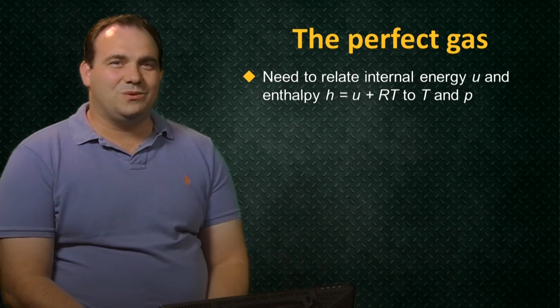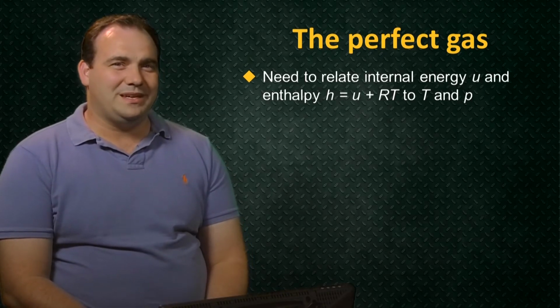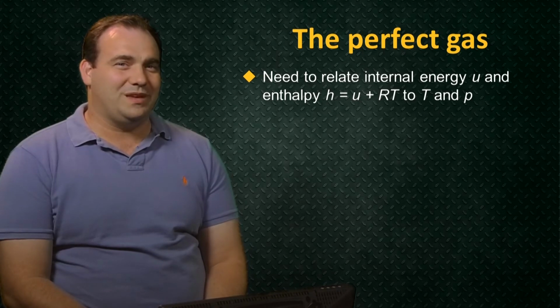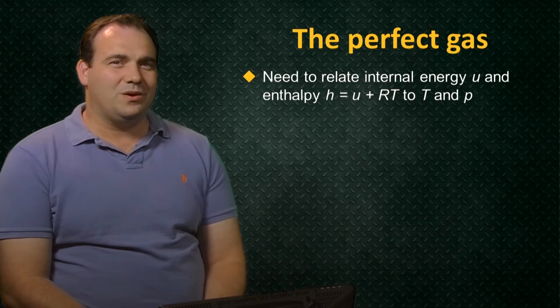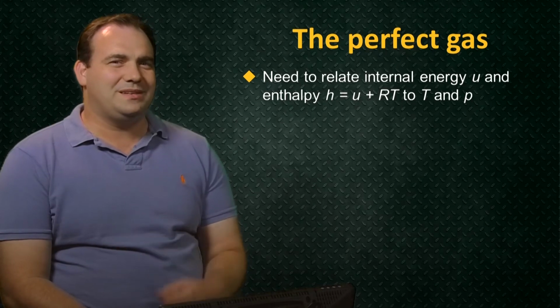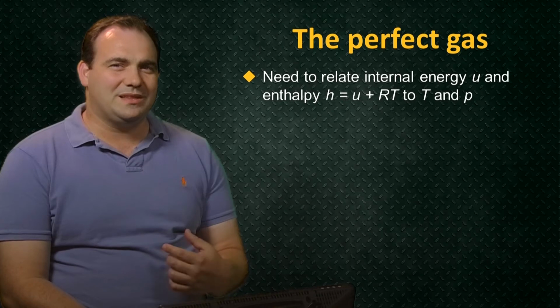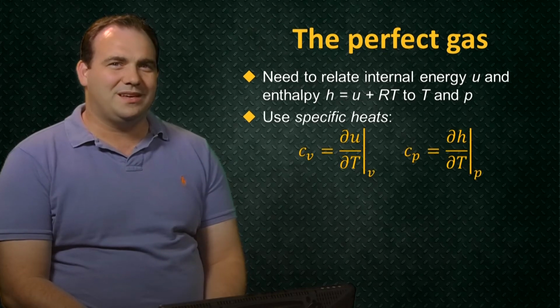The ideal gas law is not the only equation of state we need. Conservation of energy is usually expressed in terms of the internal energy U, or the enthalpy H, which is equal to U plus RT. So we need to know how these are related to the other thermodynamic variables. To do this, we use the specific heats of the gas.